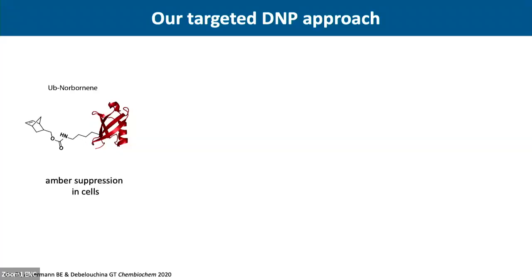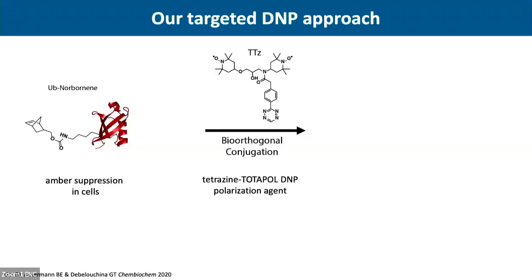In particular here, we have an example of the protein ubiquitin where we've attached the polarization aid. We've attached the unnatural amino acid norbornene lysine at a specific, well-defined position in the protein. And then we have taken TotaPol, not because it's the best polarization agent we have available, but because it's the easiest to synthesize. And we attached a new chemical group to it called the tetrazine.